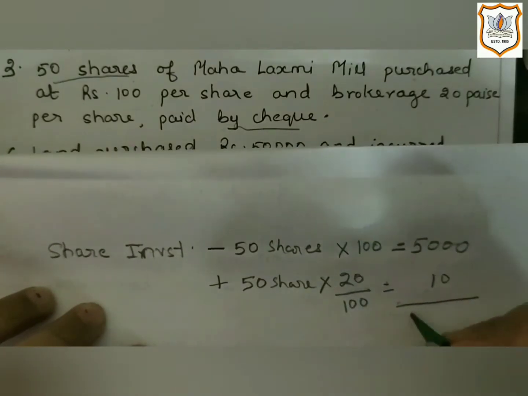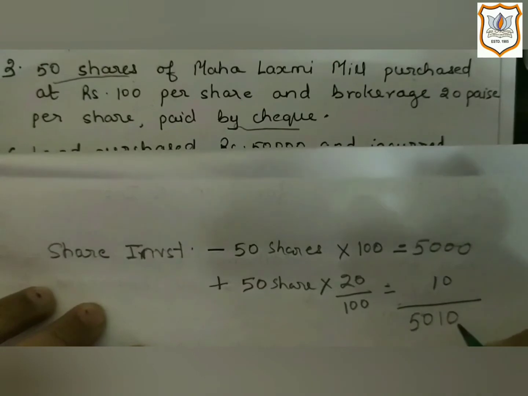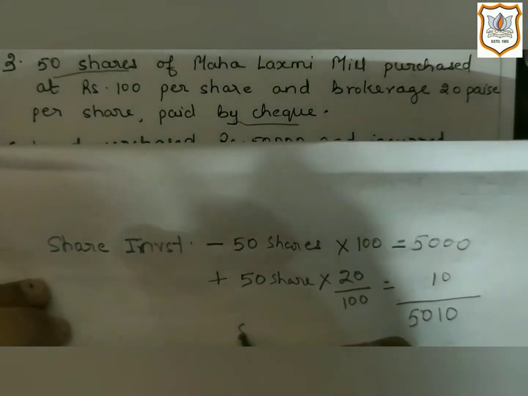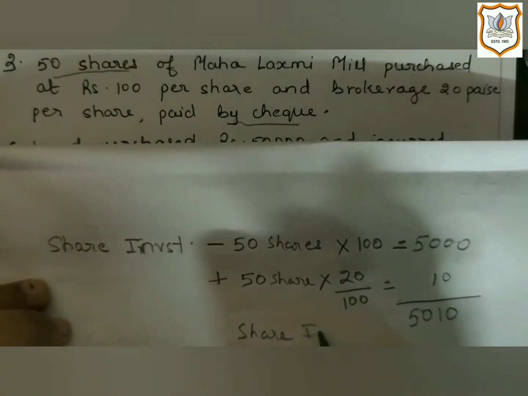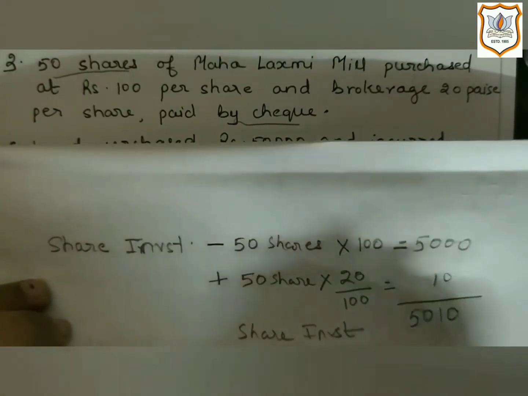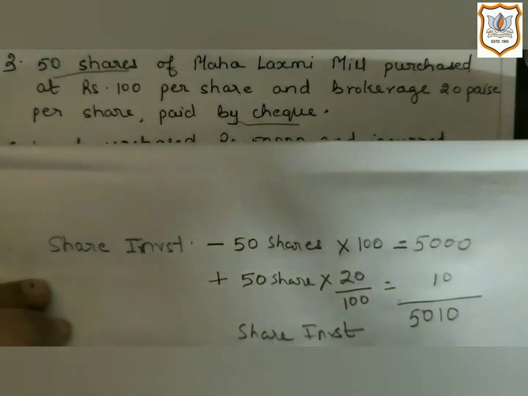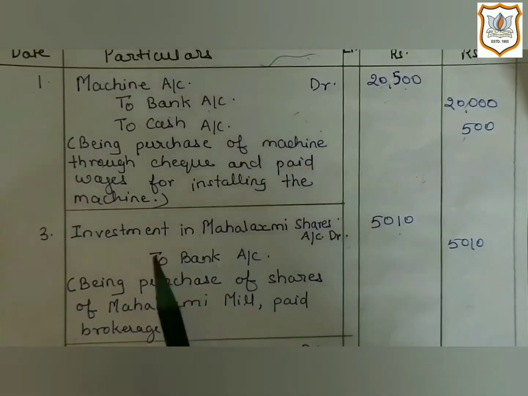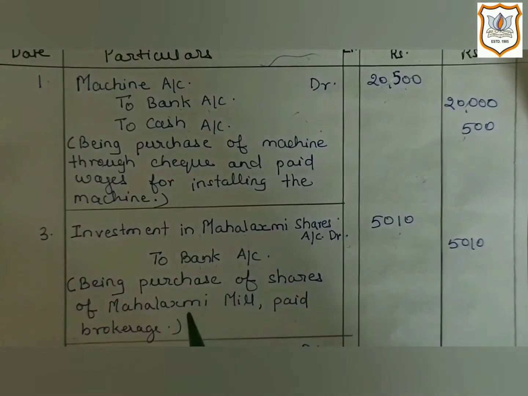So by adding this, we will get 5,010 rupees. So here our value of share investment is 5,010 rupees. So here we will record 5,010 rupees as value of investment. And as payment is made by check, so bank account will be credited, right?